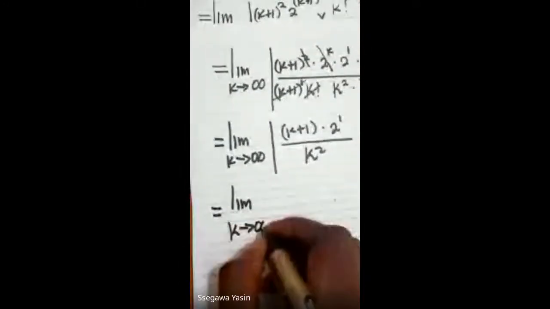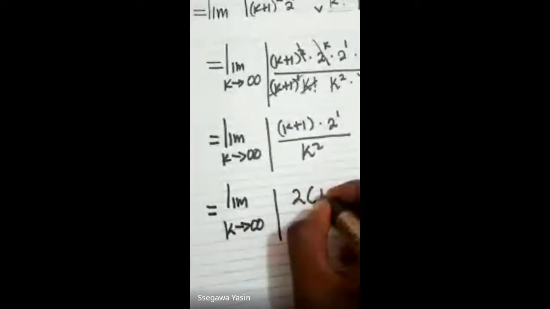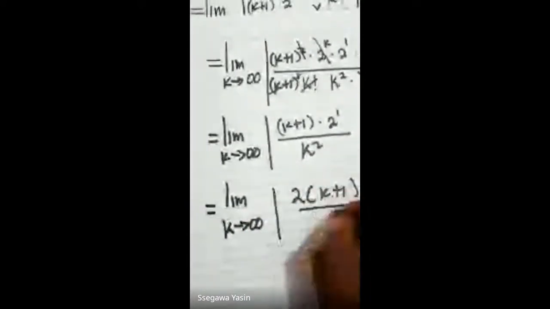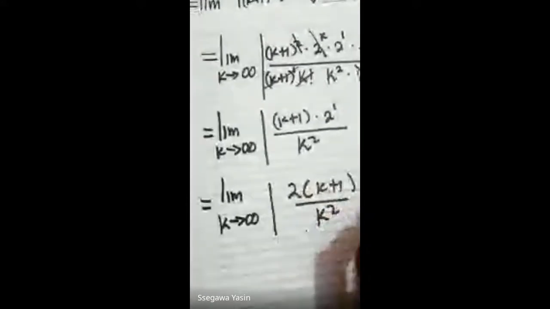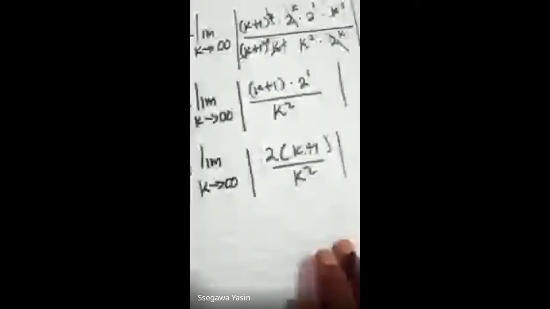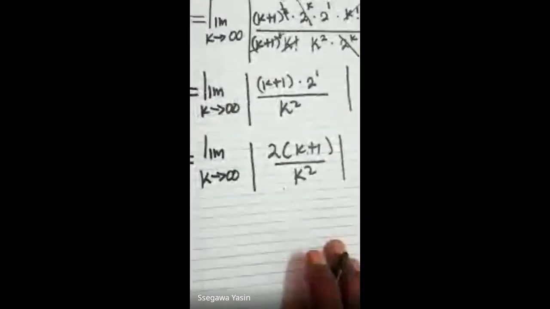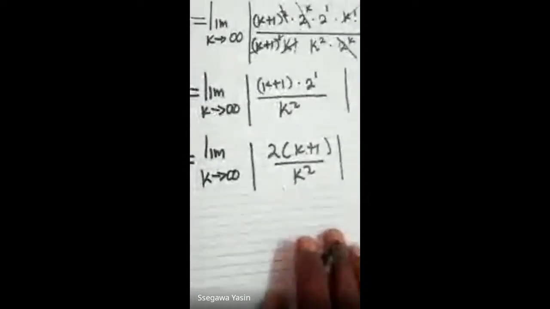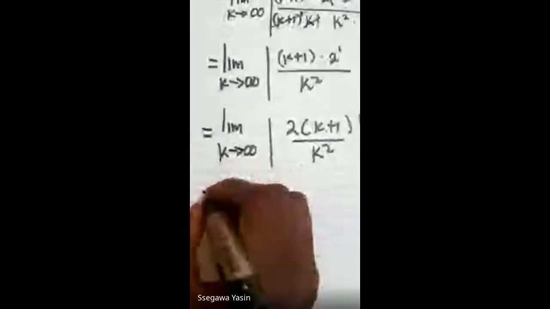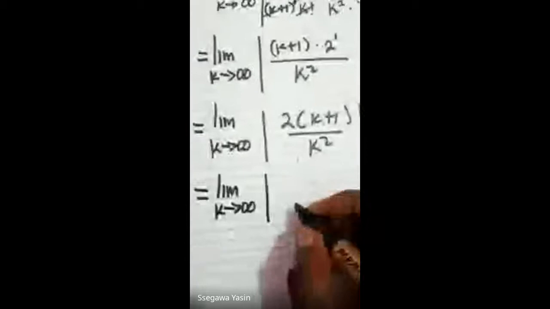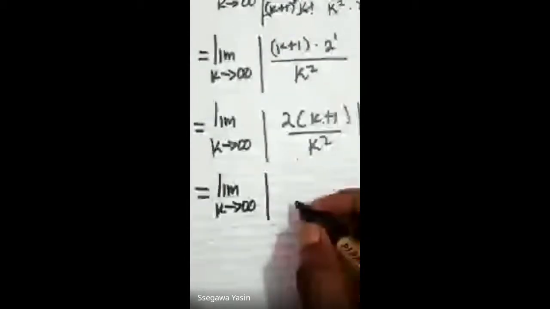And then this one here will be the limit as k goes to infinity of 2 times (k plus 1) over k squared. Now here we can, I think, separate the numerator, the upper part alone and the lower part alone. And because this is already positive, we can forego the negative things.